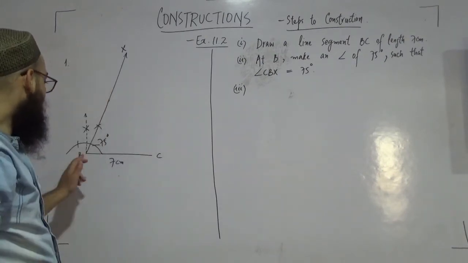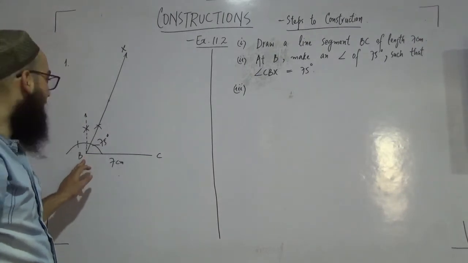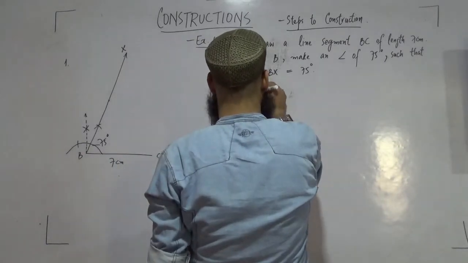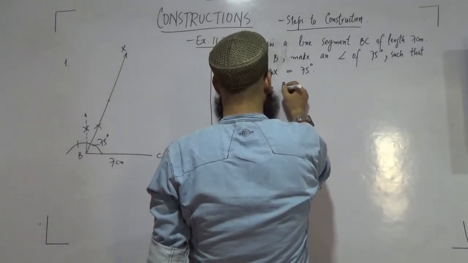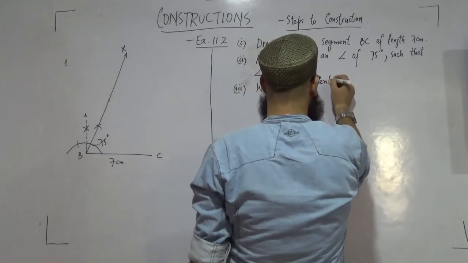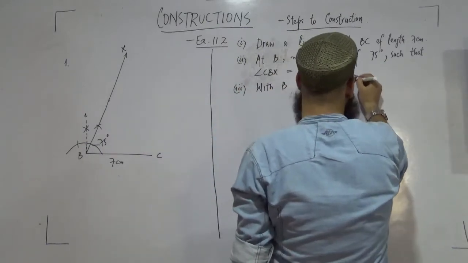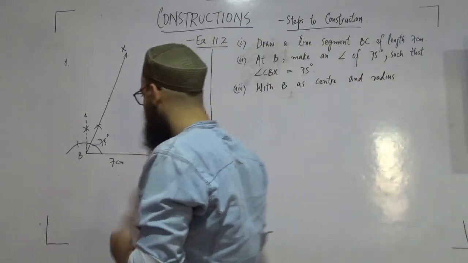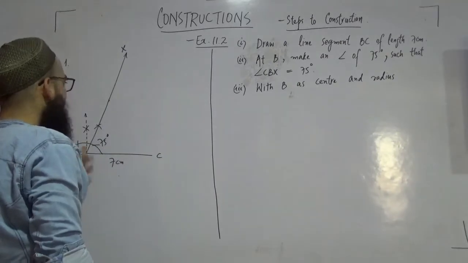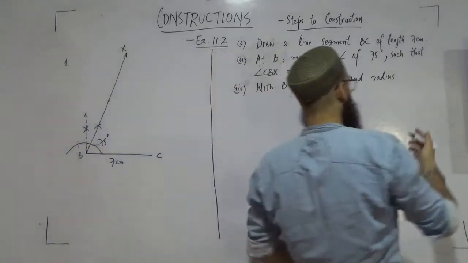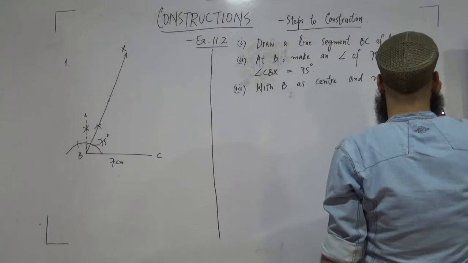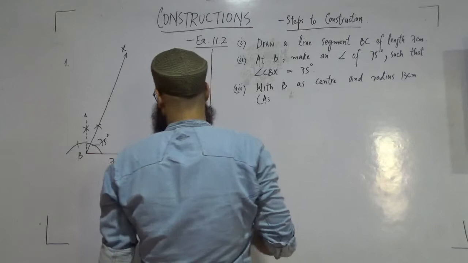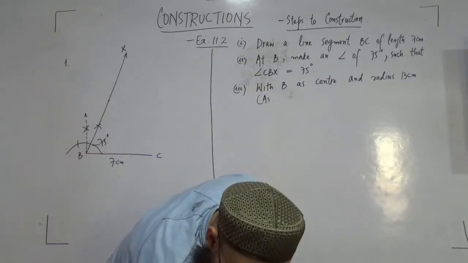Now, with B as center and radius 13 centimeters. Why 13 centimeters?